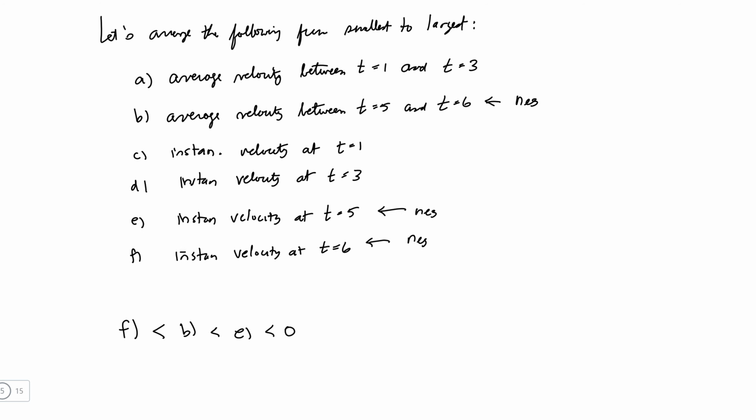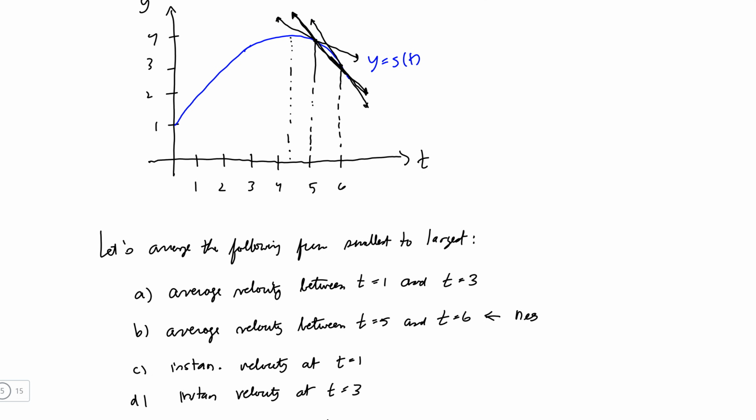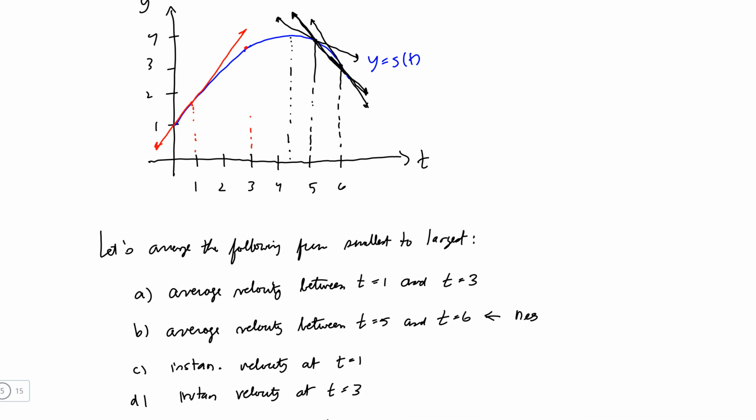So now let's look at some of these other ones. Let's get a different color for this. The instantaneous velocity at t equals 1 is the slope of this line here, so that's positive and somewhat steep. At 3, in a different color, the line looks something like this, so it's a little bit flatter.